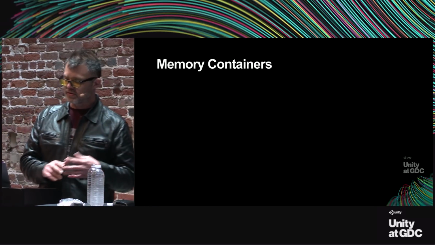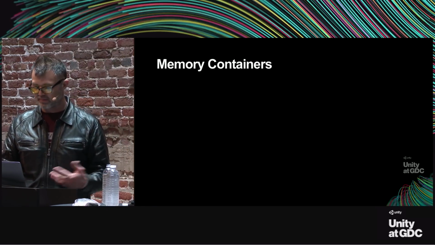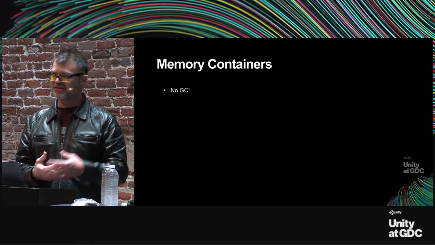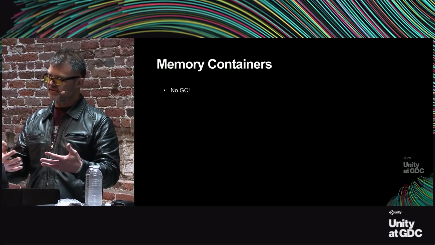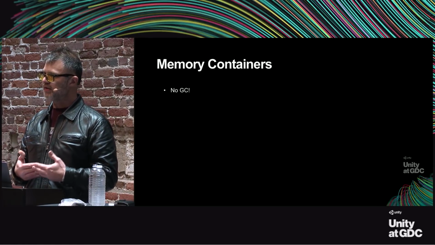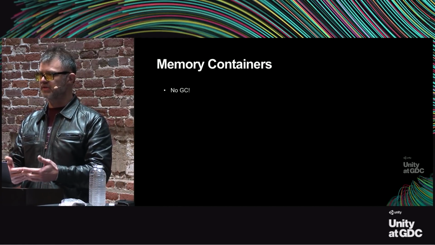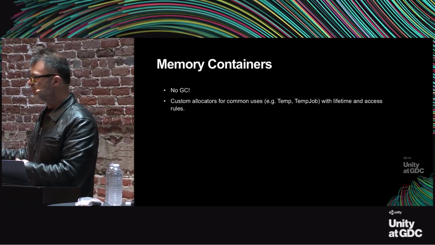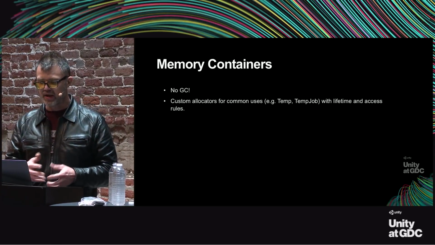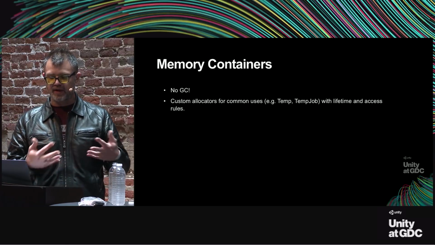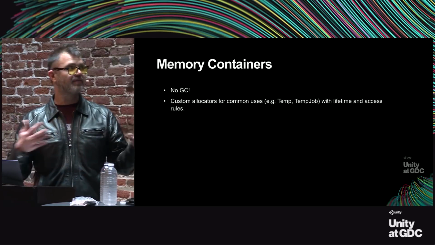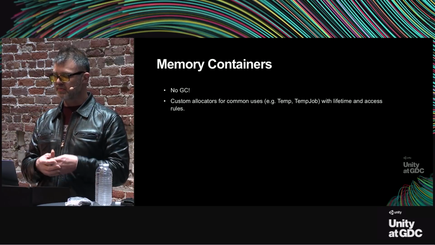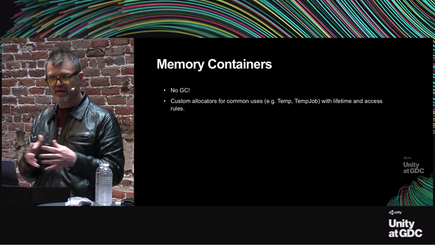Another aspect of what we're doing is memory containers. The most important part of memory containers is that there's no garbage collection. This is something that you're in control over and that reasonably fits well within the system that we're building. So you don't see massive spikes in performance over time because of garbage collection, right? We're also currently providing some high-level custom allocators for common use cases like Temp and Temp jobs with lifetime and access rules that you can follow.